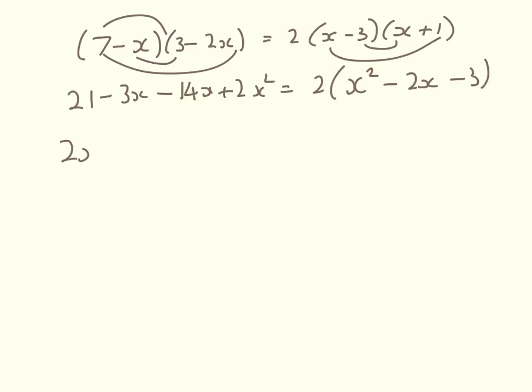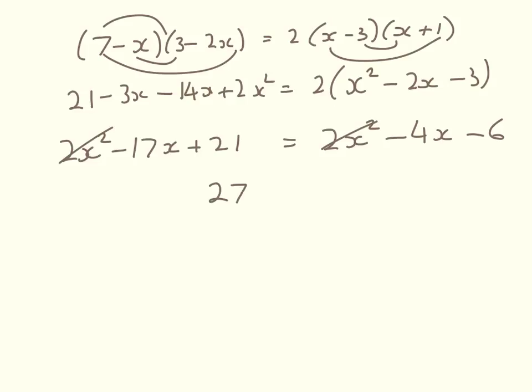Right, rearranging, I get 2x squared minus 17x plus 21 equals 2x squared minus 4x minus 6. I can subtract 2x squared from each side, and I'll have 27 is equal to 13x. So x is equal to 27 divided by 13.